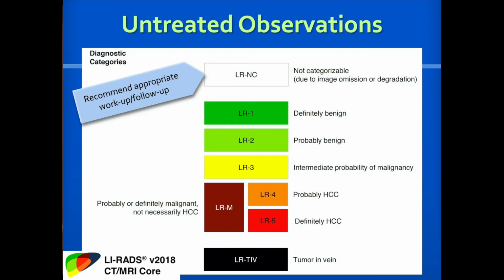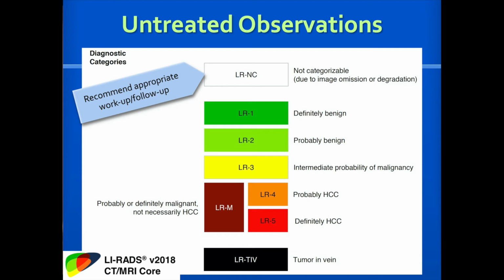For example, maybe we were missing an arterial phase scan, maybe there was motion artifact, or there was a technical problem that precludes the application of LI-RADS. And so you'll just make a recommendation for appropriate alternative imaging or some other appropriate workup to make the diagnosis.